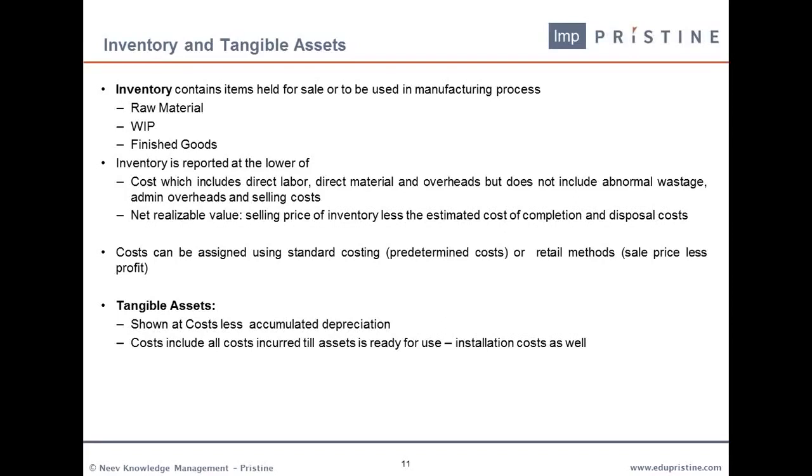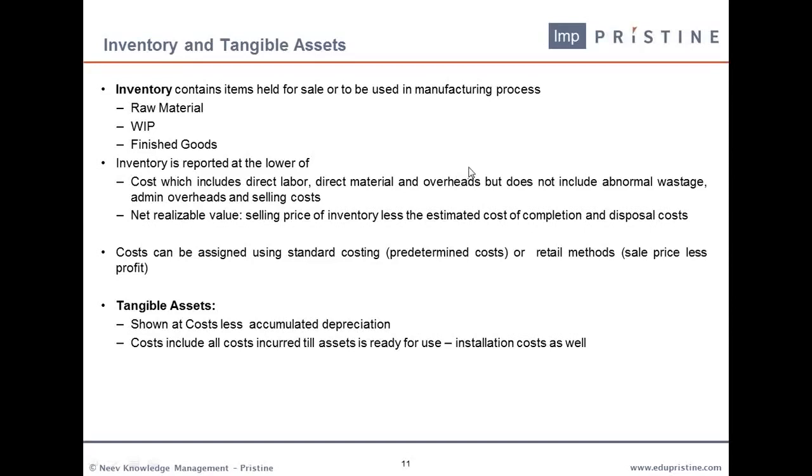That gives you the cost that you have incurred. So these are the two methods. Details of inventory will be covered in another chapter, which we are happy to take a webinar on.